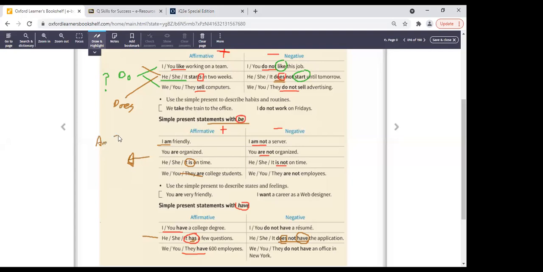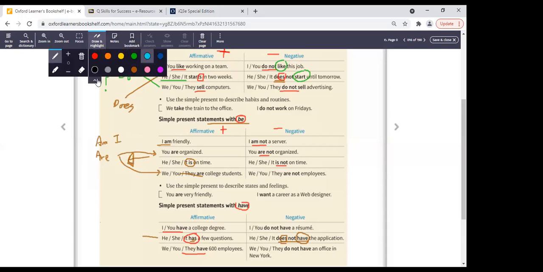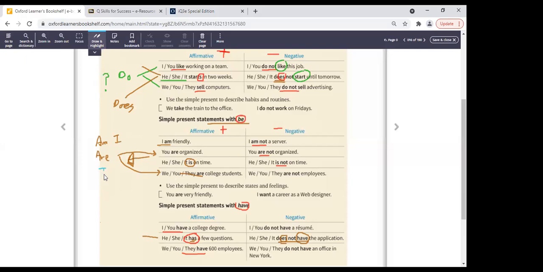Verb plus subject. Are you? Are could be with any of them: are you, are we, is it, is he, is she. Excellent, well done.